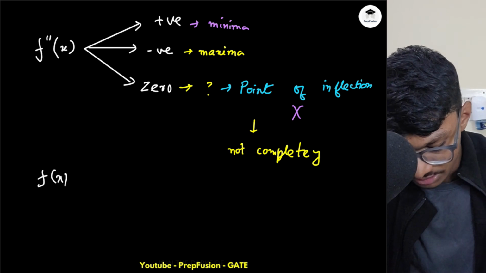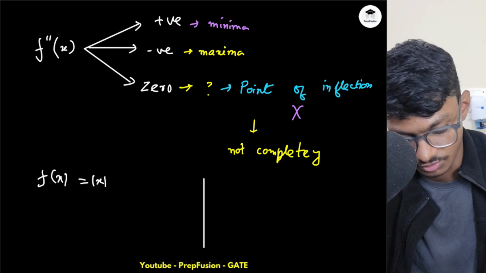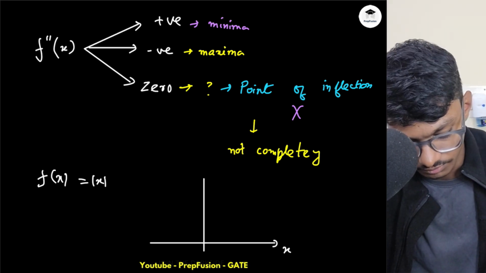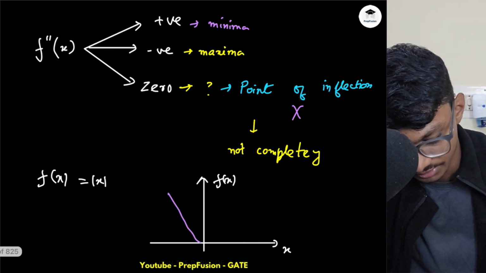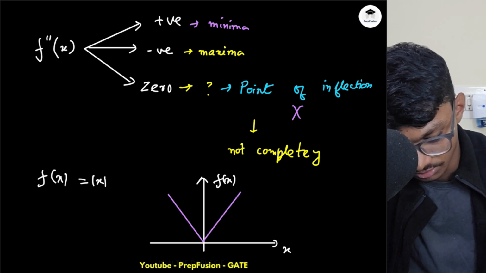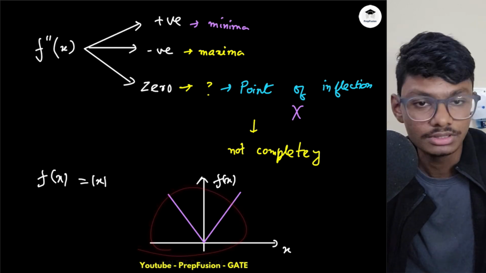let my f of x equal mod of x. In that case, how will the graph look? The graph is something like this. Now, is the function differentiable?